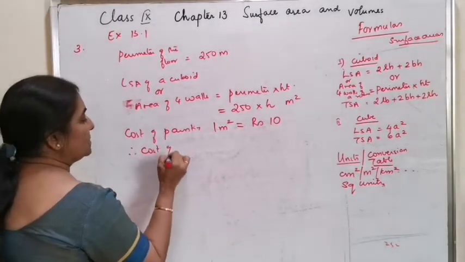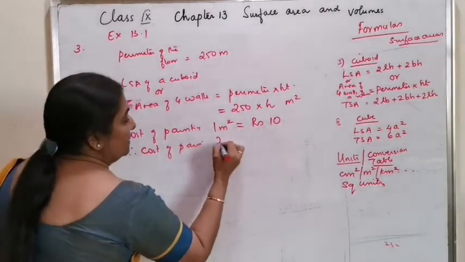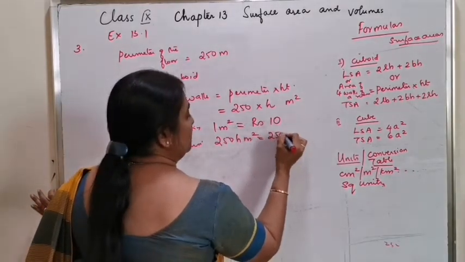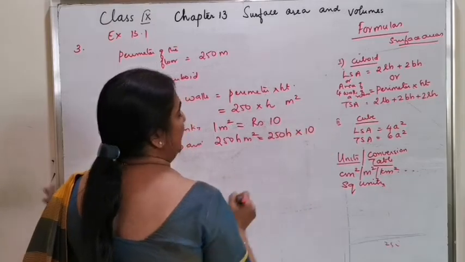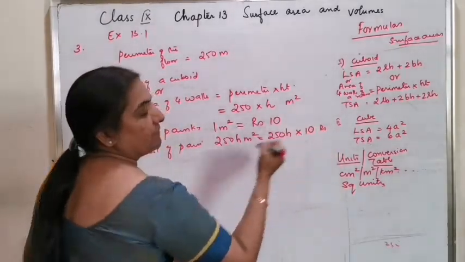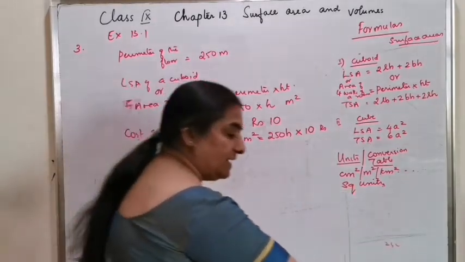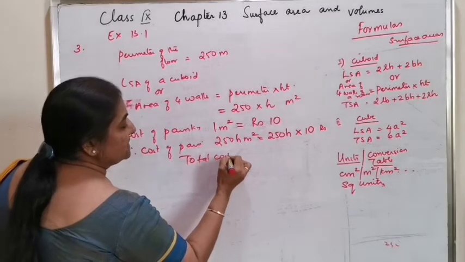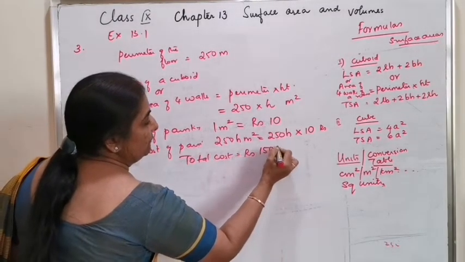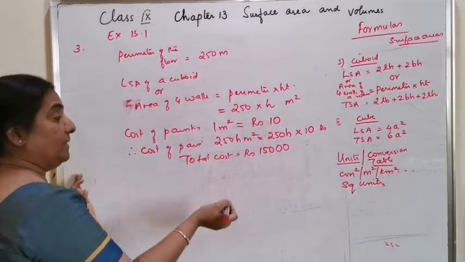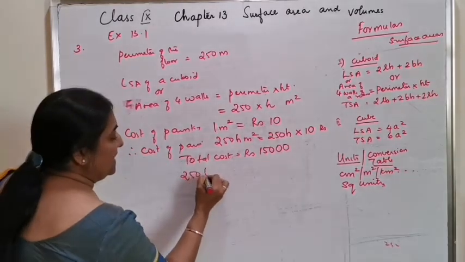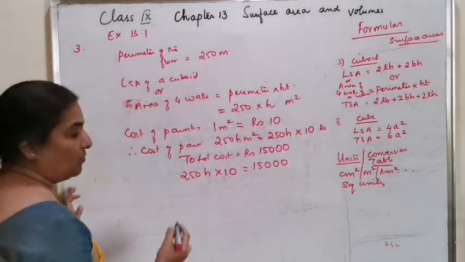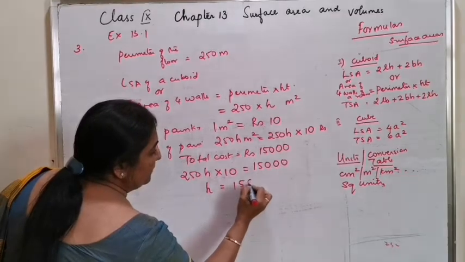Therefore, cost of painting 250H meter square is equal to 250H into 10. That is the cost. Understood? But the total cost is given as rupees 15,000. So how do you equate it? 250H into 10 is the same as 15,000, to find the height of the room.